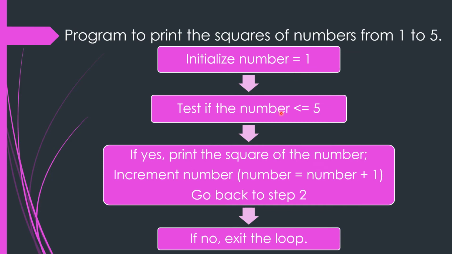Second step: test if the number is less than or equal to 5. As I just told you in the previous slides, we construct the test condition using the logical or relational operators. So here we have used a relational operator for constructing our test condition.